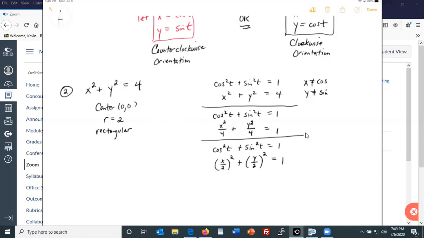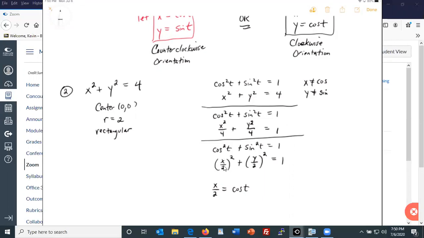So now we can line things up. Now we can say that x over 2 can equal the cosine, right? Because notice we're comparing the squared quantities.